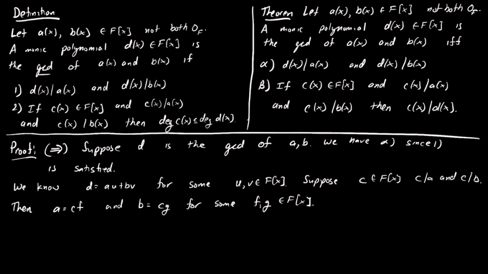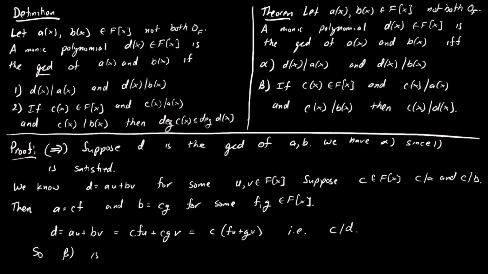So what do we have now? We have then that D is equal to AU plus BV, which can now be written as CFU plus CGV, which is equal to C times (FU plus GV). In other words, C divides D. Okay, so beta is satisfied. So we have that if D is the GCD, then we automatically get conditions alpha and beta.